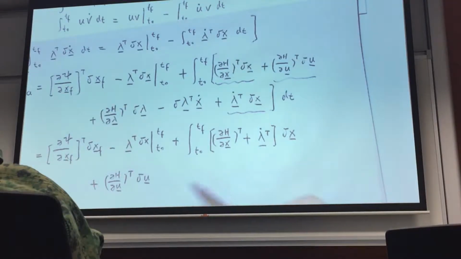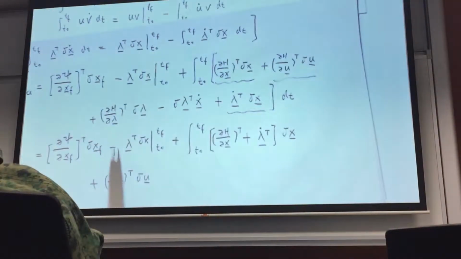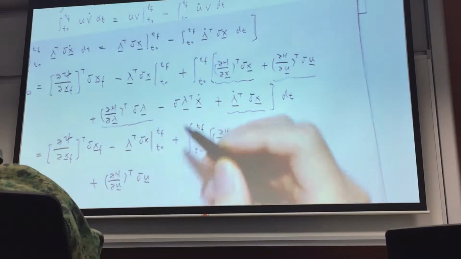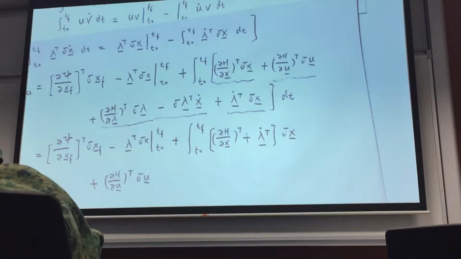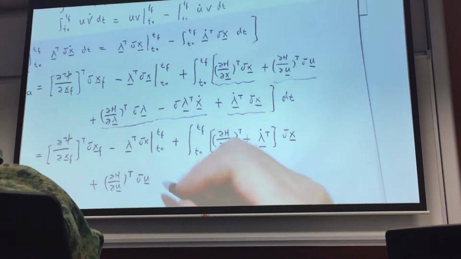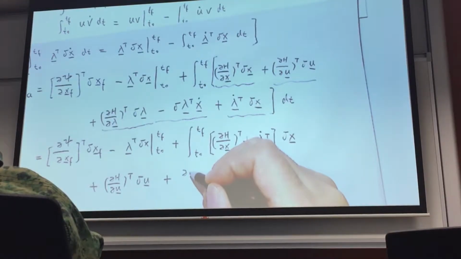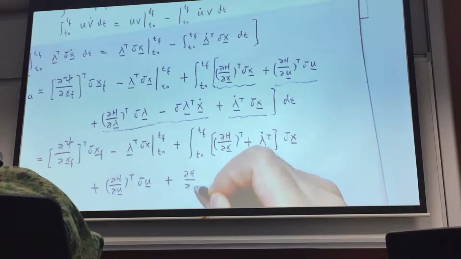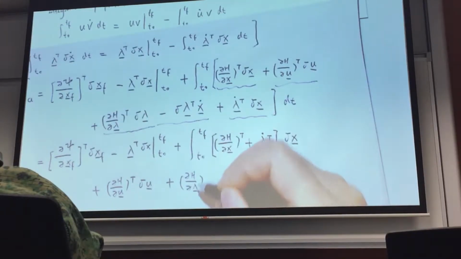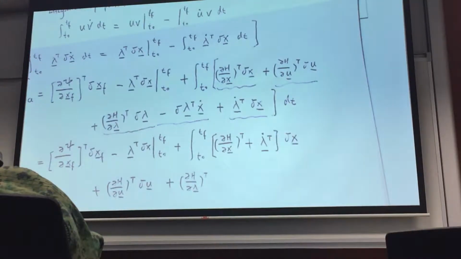For delta lambda, we have these two terms. So it's dh/dlambda transpose, multiplied by delta lambda. But this one has delta lambda transpose.